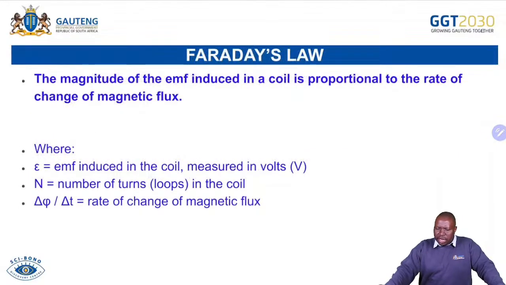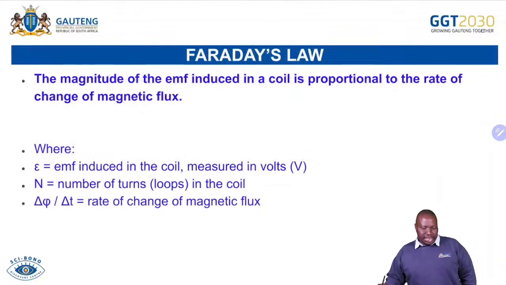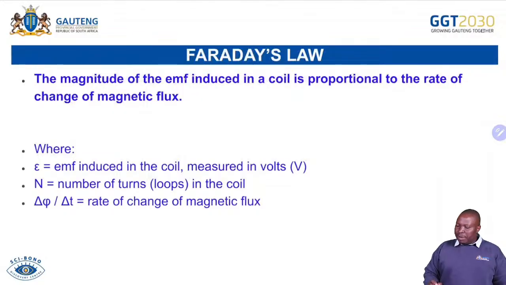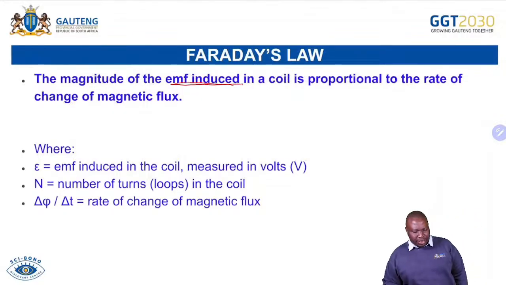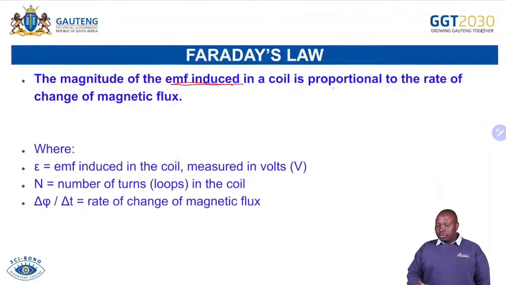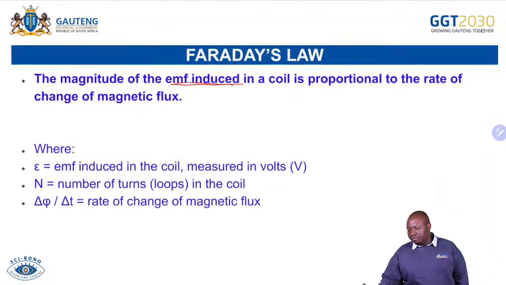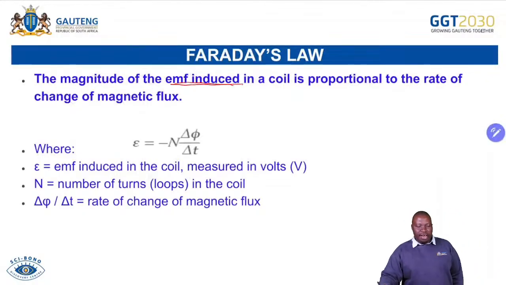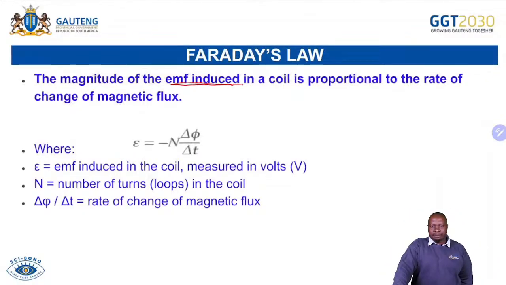Now, you state Faraday's law as the magnitude of the induced EMF. I prefer to put it this way: the induced EMF in a coil is directly proportional to the rate of change of magnetic flux. You will see that we have that formula there.